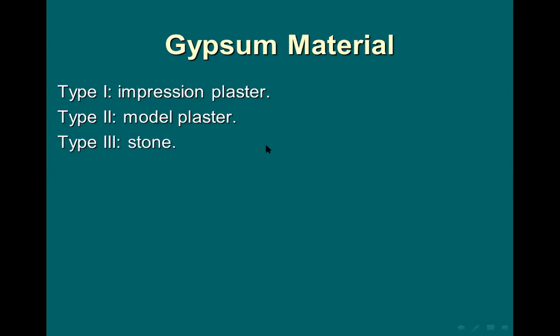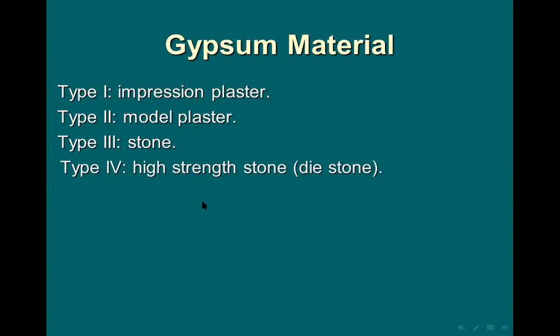The stone is the commonly used material. It is widely used in crown and bridge, and it is harder from the strength point of view. It is harder and stronger than the plaster, but still it is not strong enough like the die stone.